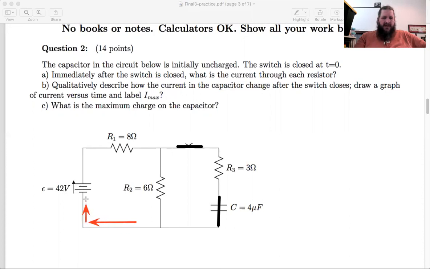Current through the battery is also going to be the same as current going through which resistor? So R1? Yeah, those are all going to have the same current. But then when the current hits the junction, it's going to split. So we're going to split into, let's say, currents 2 and current 3.